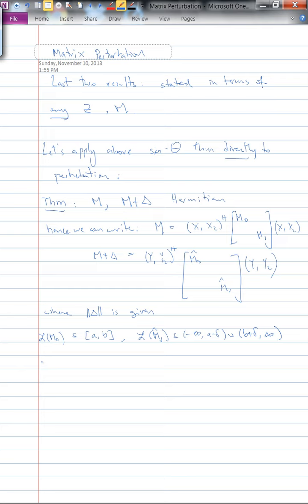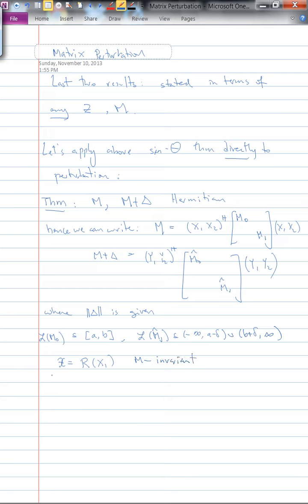Again, the basic question is, let's compare invariant subspaces. So what are the two invariant subspaces we want to compare? The invariant subspace of M that we want to compare is script X, which is the range of X1. And this is M invariant.